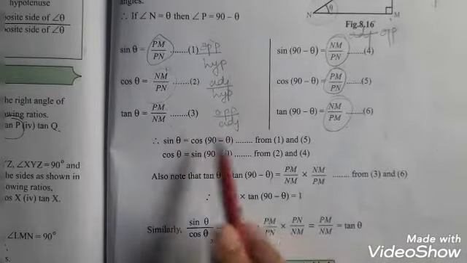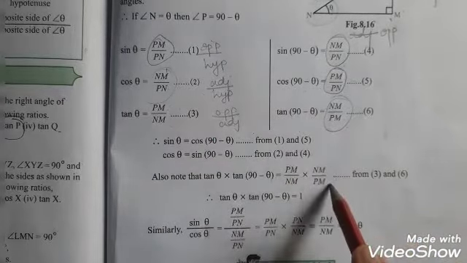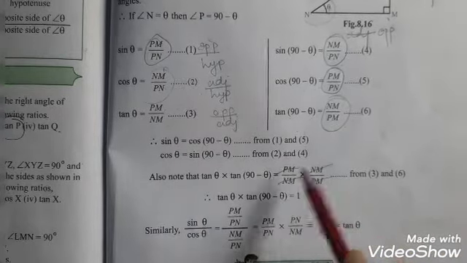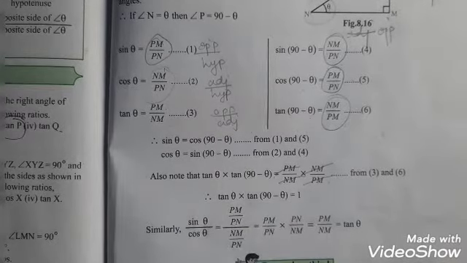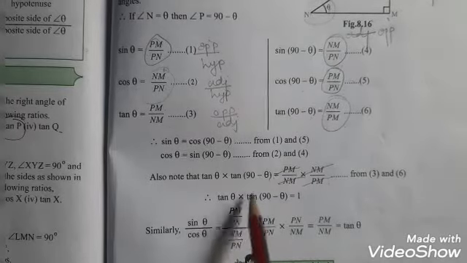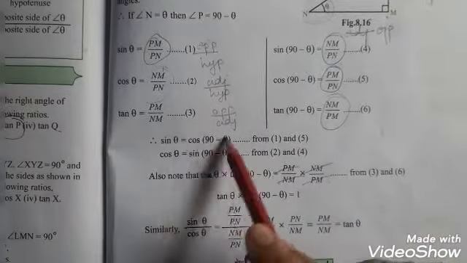So tan theta is PM upon NM and tan 90 minus theta is NM upon PM. So you multiply, so this NM gets cancelled, this PM gets cancelled. So tan theta into tan 90 minus theta is equal to 1.